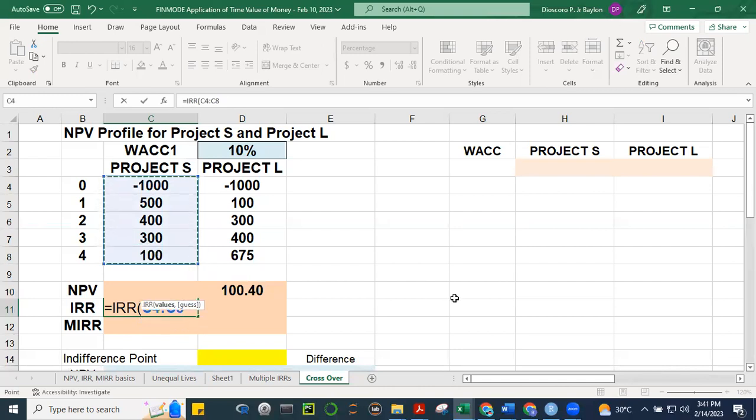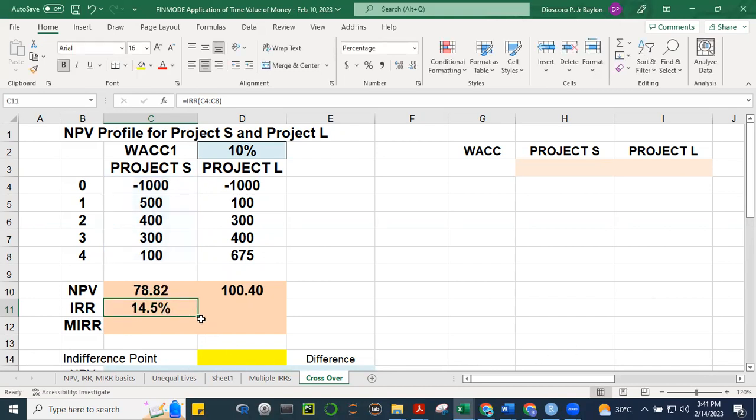Those are the values. Guess, we can ignore that kasi isa lang naman yung cash outflow. Kahit ilang beses pang gamitin yung guess na yan, wala tayong makukuha ibang IRR. 14.5 and then this one, 13.5. So we can see here that in terms of NPV, Project L is better. But in terms of IRR, Project S is better.